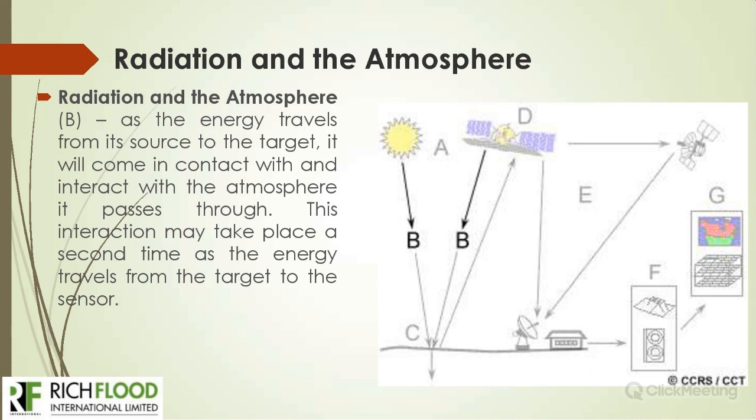The radiation from the sun and the one that is reflected from the object goes through different processes of reflection, absorption, or scattering. So knowledge of the particular environment, or understanding the cloud cover in that area, will give an idea of the quality of information that you can get from your remote sensing data.